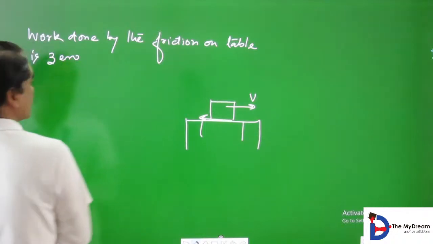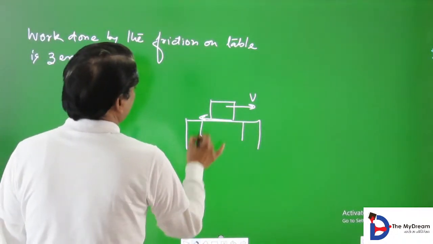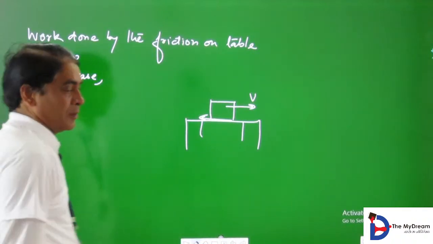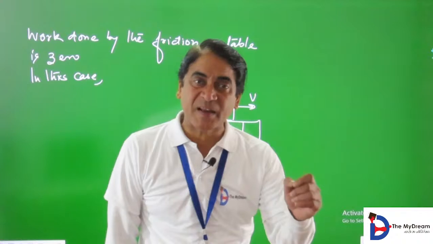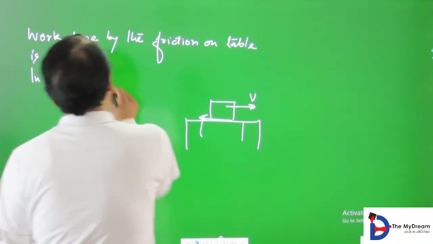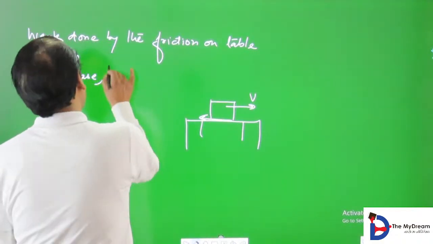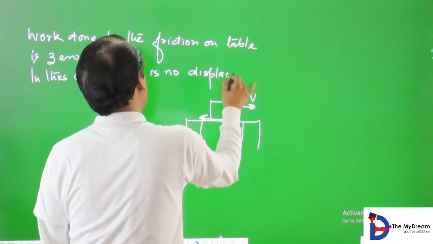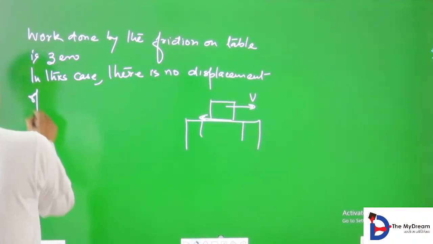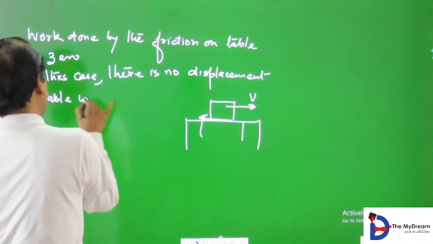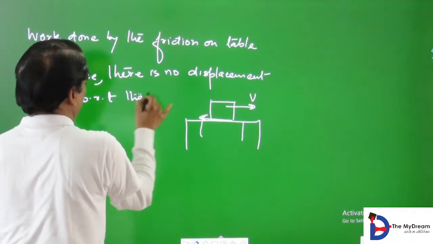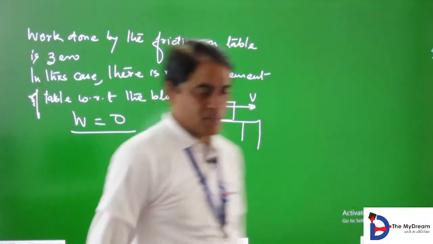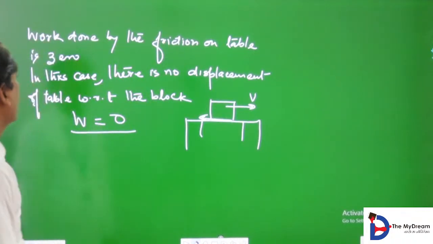In this case, there is no displacement of the table with respect to the block. So that's why the work done is 0.